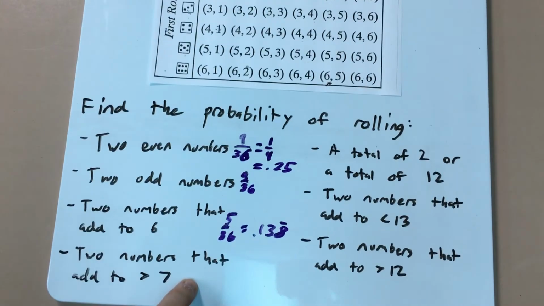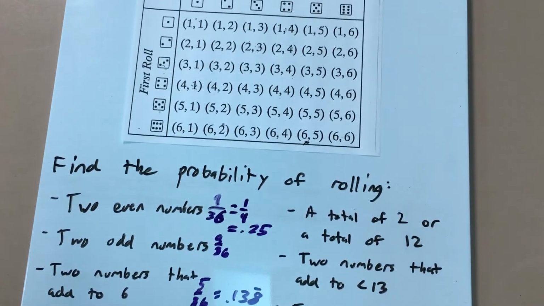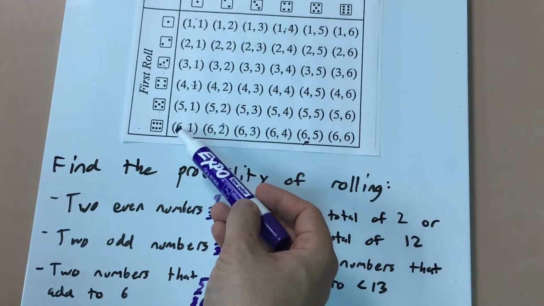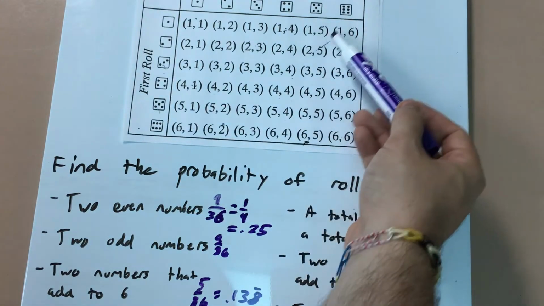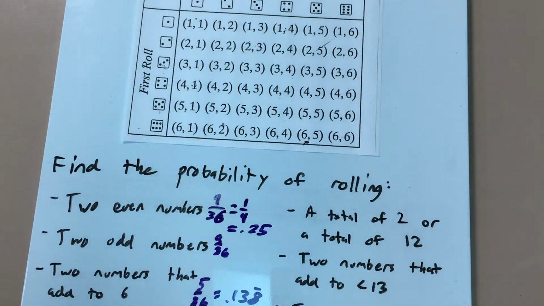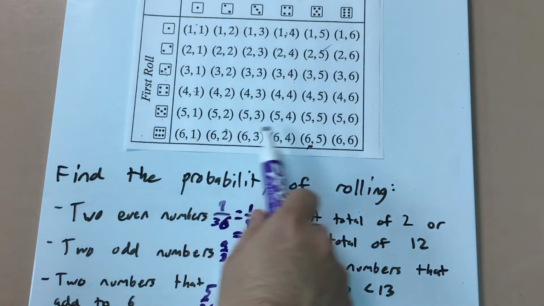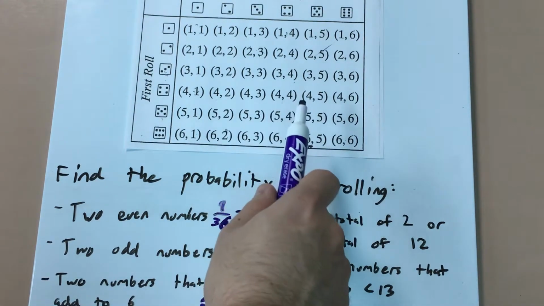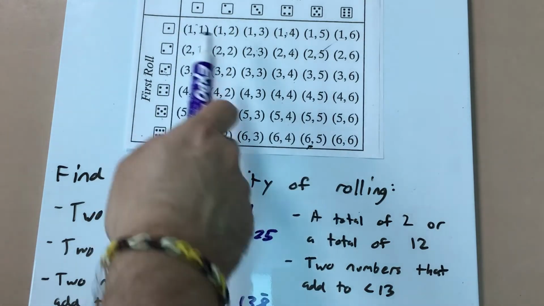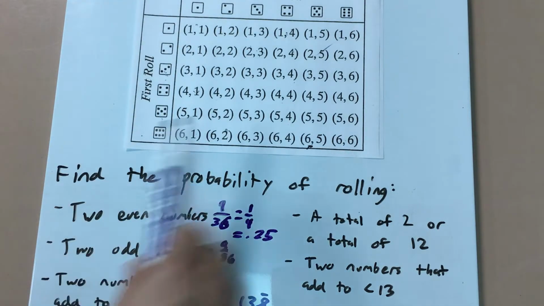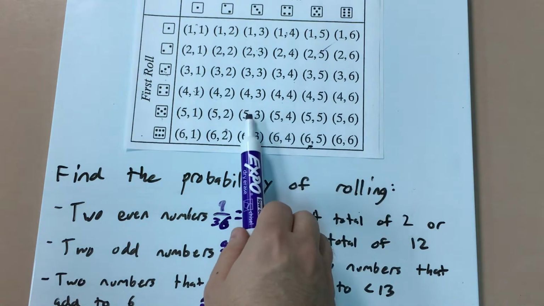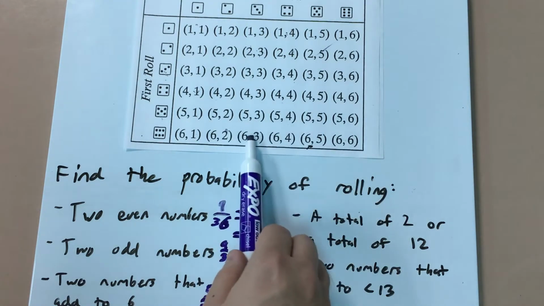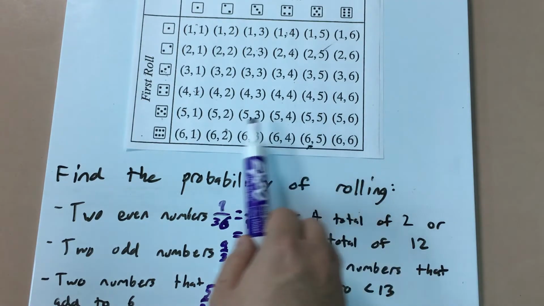And now we're looking for two numbers that add to more than 7. Now, an easy way to split this up is that this diagonal here are all the possibilities of combinations that add up to 7. Anything in the bottom right corner is going to equal more than 7. Anything in the top left corner is going to equal less. So anything that equals more than 7, we have 1, 2, 3, 4, 5, 6, 7, 8, 9, 10, 11, 12, 13, 14, 15.